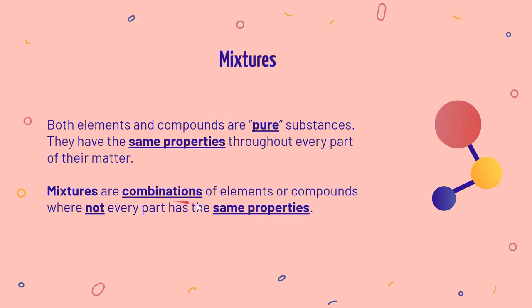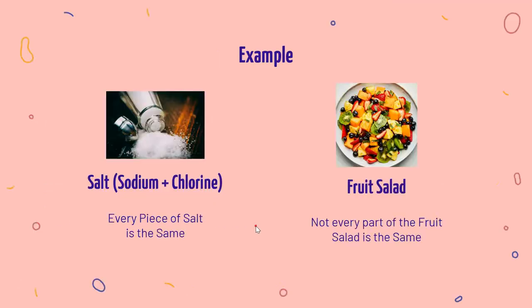Mixtures, though, are combinations of elements or compounds where not every part is the same thing, or not every part has the same properties. For example, salt or sodium chloride, every piece of salt is the exact same as another piece of salt. But if I look at this fruit salad on the right here, not every part is the same.